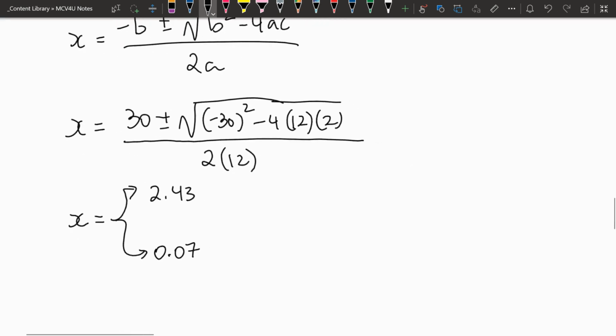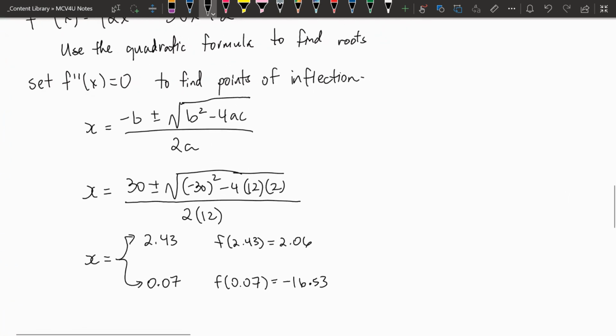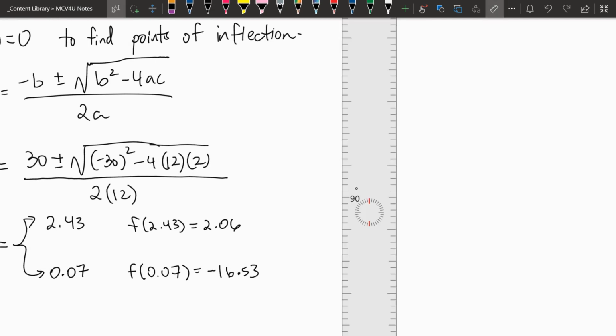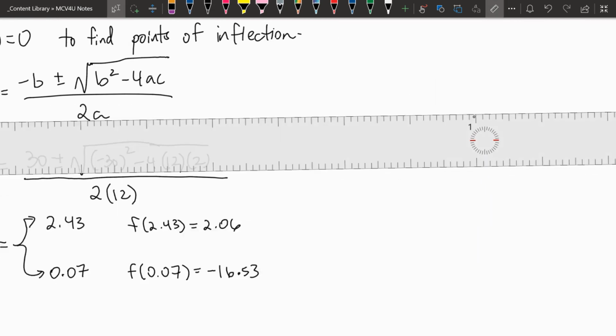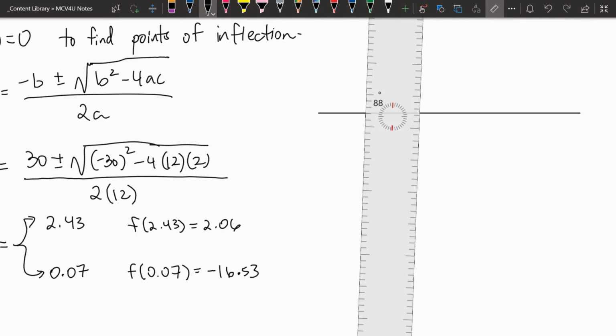Okay, so not nice numbers, but you can still work with them, right? The corresponding y values for 2.43 is 2.06, and the corresponding y value for x equals 0.07 is about negative 16.53. Okay. Now, are these points of inflection? They're not guaranteed until you actually carry out the work to determine if they are. So we're going to create another chart, and we're going to have 3 intervals.